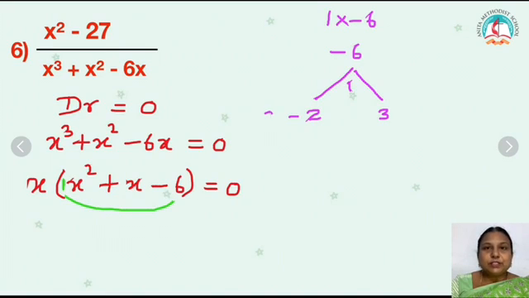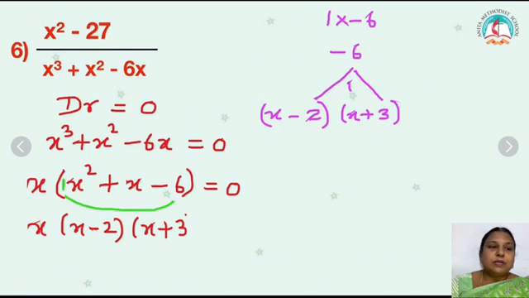So minus 2 into 3, I will get minus 6. Minus 2 plus 3, I will get plus 1. So the variable is x. What are the factors I will get? x into x minus 2, x plus 3 equal to 0.